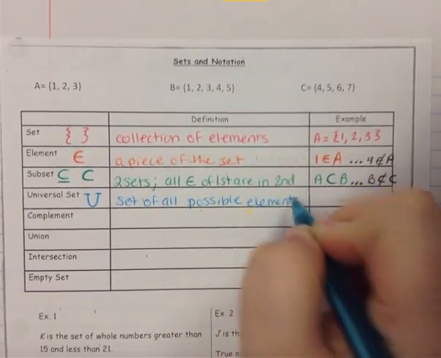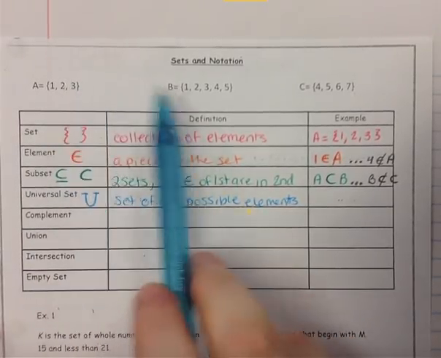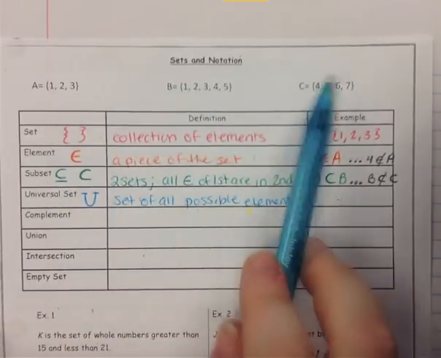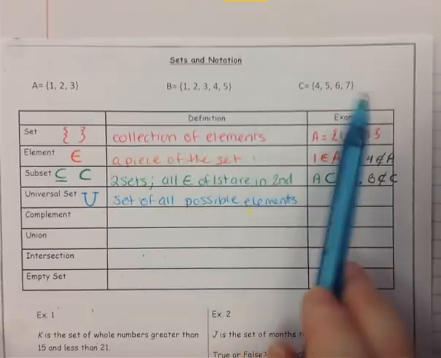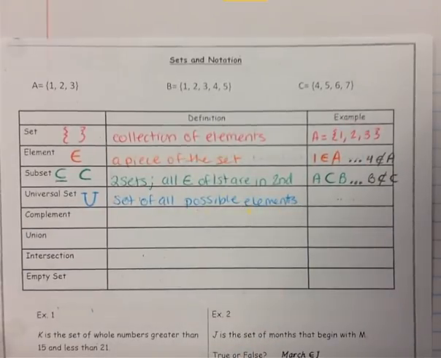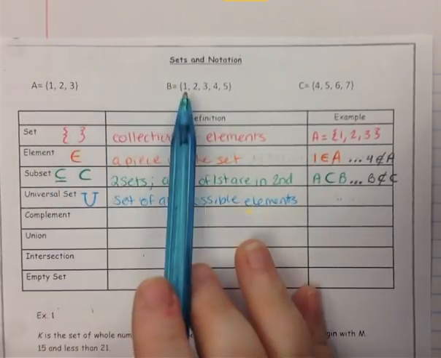Now that doesn't mean every single number in the world. It's based off of the information you're given. I have 3 sets up here, sets A, B, and C. So the universal set is a set of all of these possible elements. You do not write any of the numbers twice. Notice that we have a 1 in A and B. We only have to write it once.